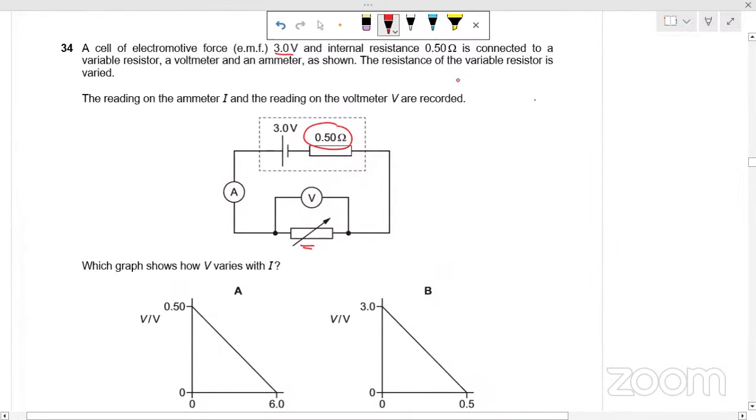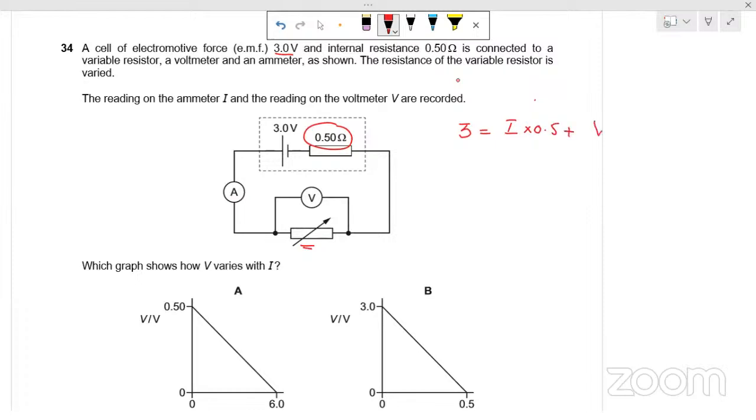So what's the relationship between V, I, and E? Using Kirchhoff's law, the EMF of the circuit is 3, and that is equal to I into 0.5 plus the voltage across this variable resistor.